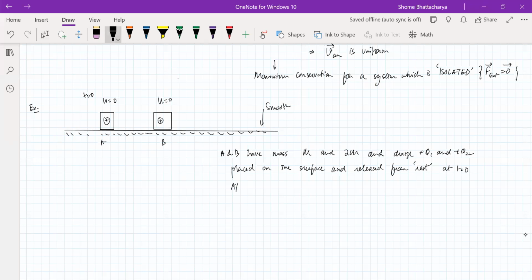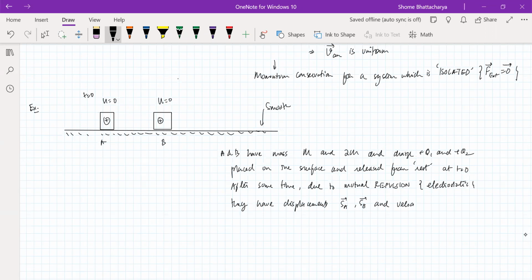After some time, due to mutual electrostatic repulsion, they have displacements and velocities.